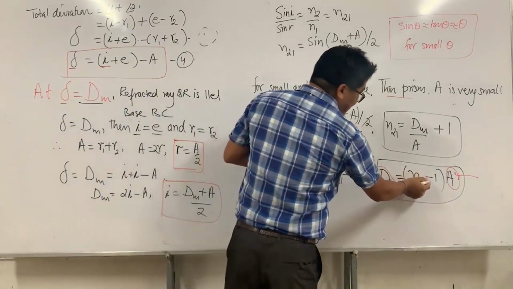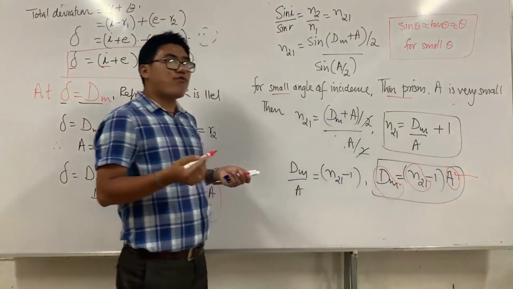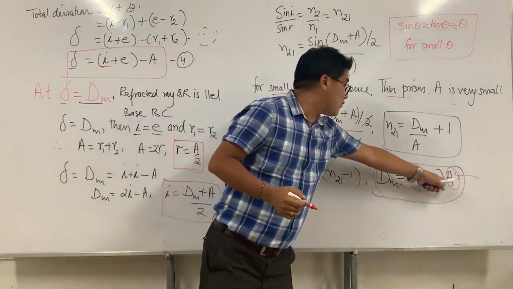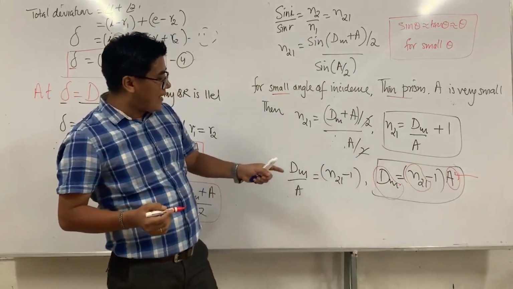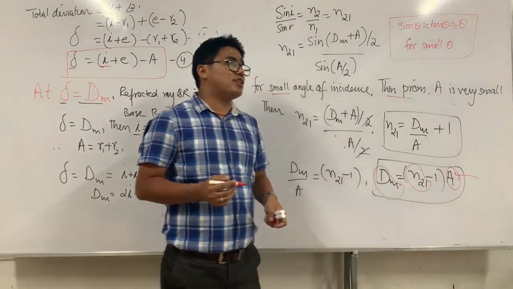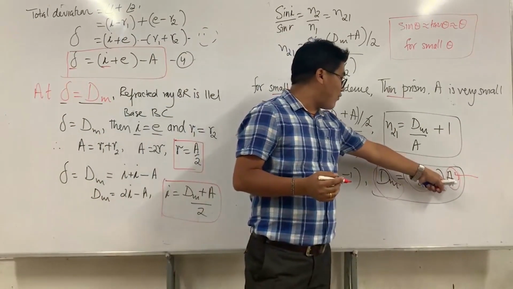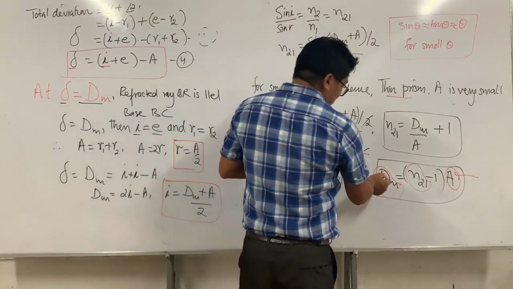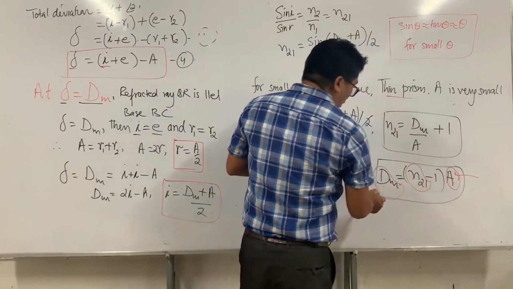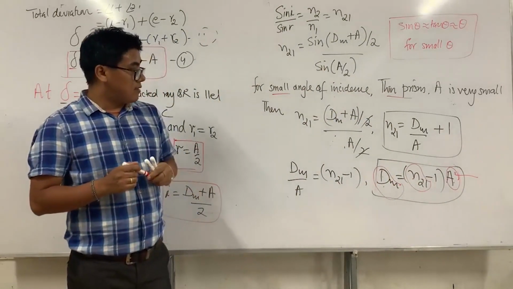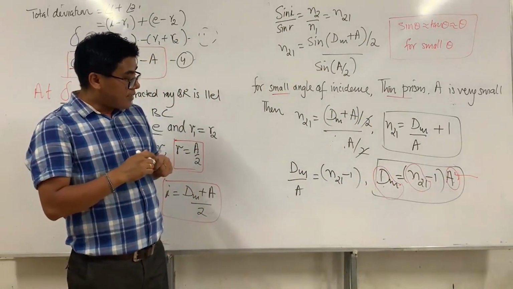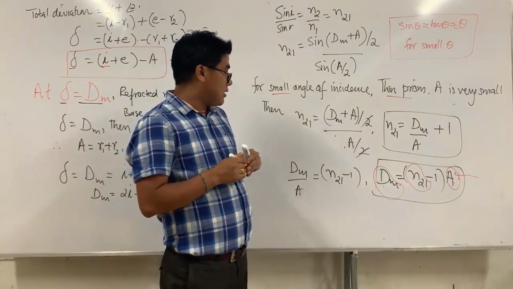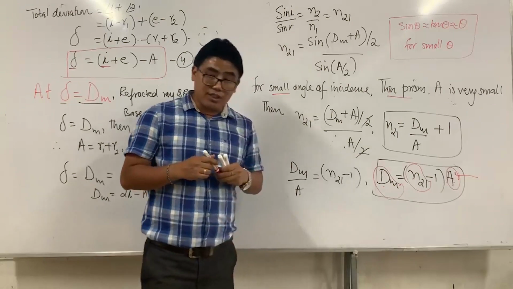Because N21 is the refractive index which defines the minimum deviation if A is fixed. And again, the angle of minimum deviation is also affected by the angle of prism. So I say that these three terms are properties of the prism: the angle of prism, the refractive index, and the angle of minimum deviation.